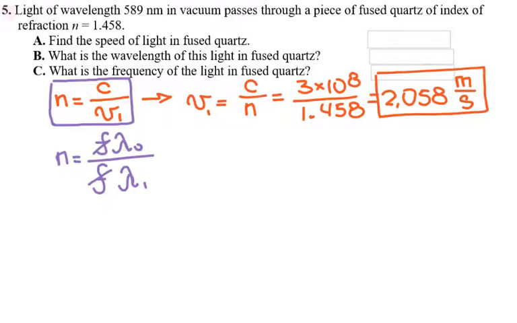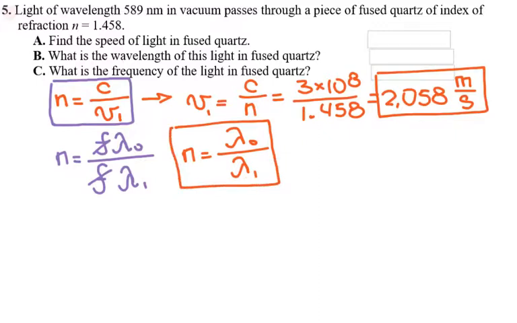So wavelength in the vacuum over wavelength in the medium is equal to n. There's another formula I could use, that n is also equal to the wavelength in the vacuum over the wavelength in the medium, and they give me that wavelength. So the wavelength in the medium is equal to the wavelength in the vacuum over n.